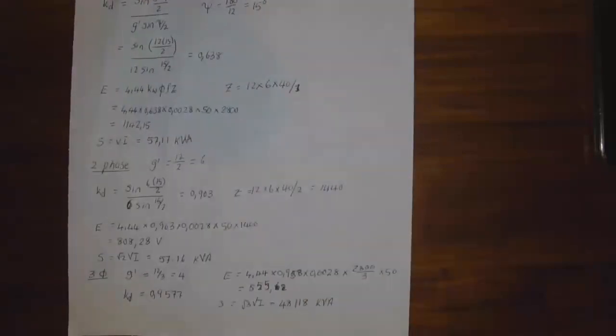Now for a three-phase, remember G dash is now slots per pole per phase, so that's 12 divided by 3, which gives us 4. Then if we calculate the number of conductors... Sir, can I please interrupt you? Yes. Here, when I'm looking at your equation for the E, I got everything correct, except that when you calculate E, you did not multiply by the number of turns.